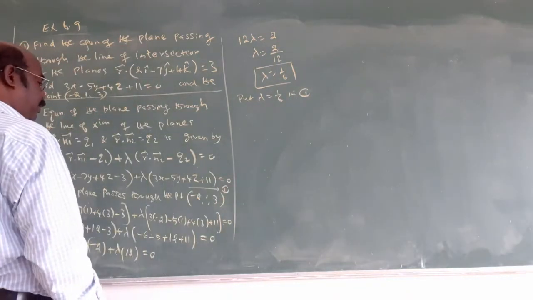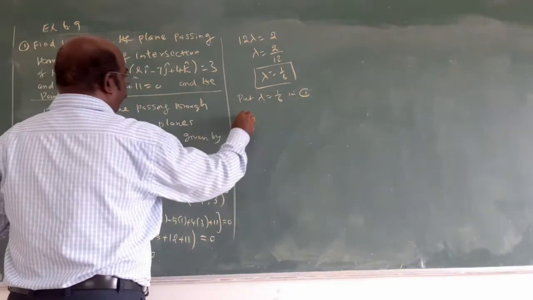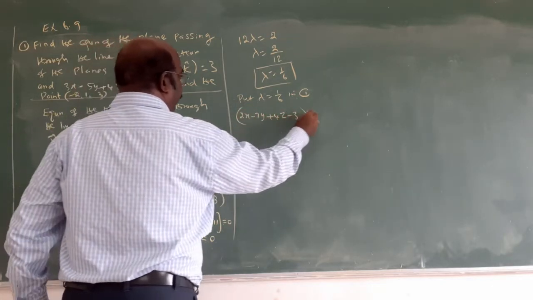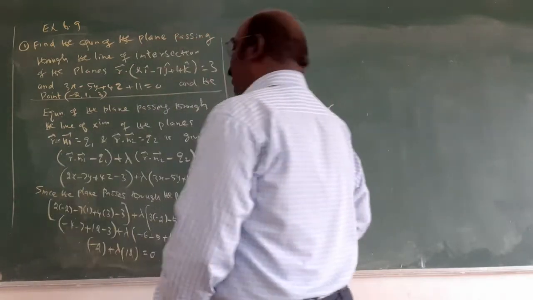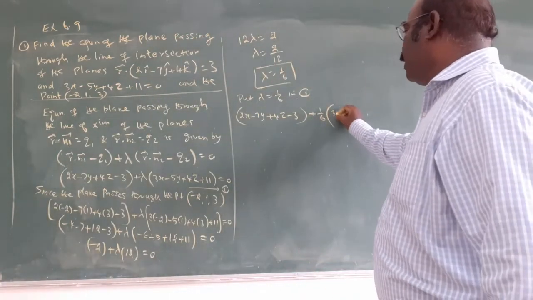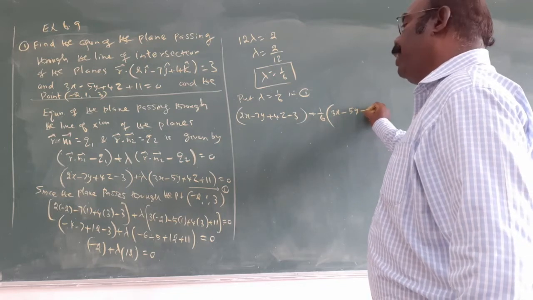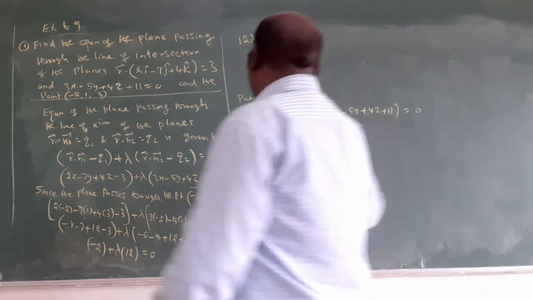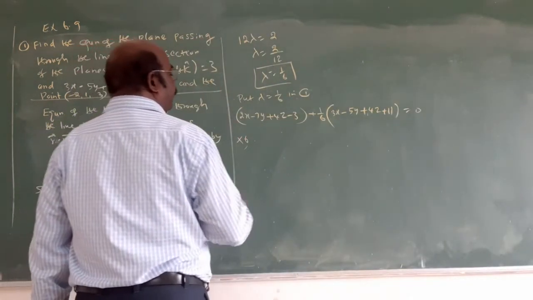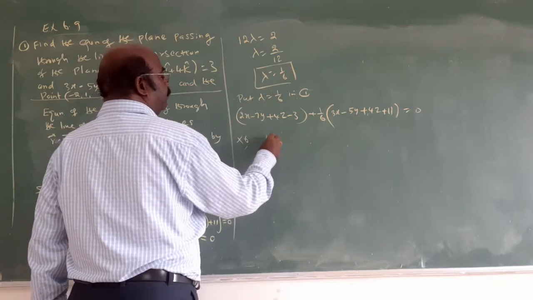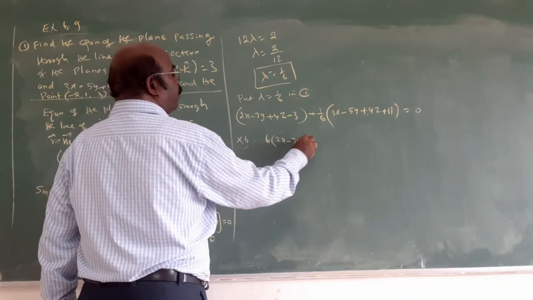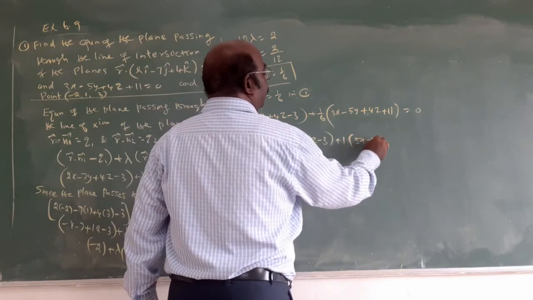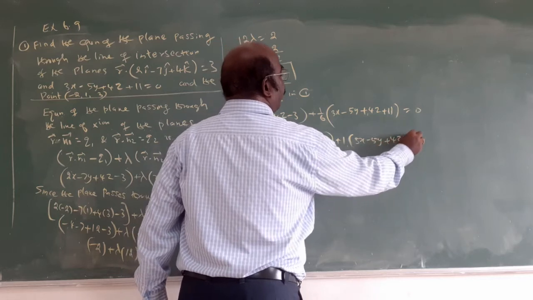Substitute here: 2x minus 7y plus 4z minus 3, plus 1 by 6 into the next equation, 3x minus 5y plus 4z plus 11 equal to 0. Now multiply by 6. 6 into 2x minus 7y plus 4z minus 3, here 6 cancels, plus 1 into 3x minus 5y plus 4z plus 11 equal to 0.